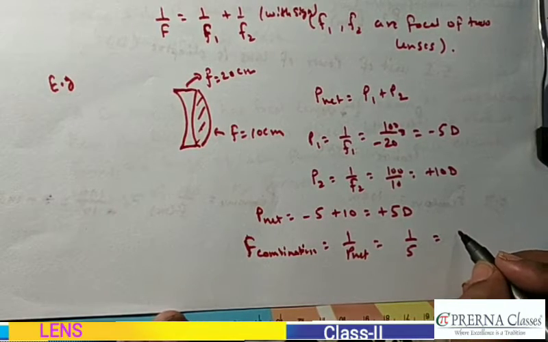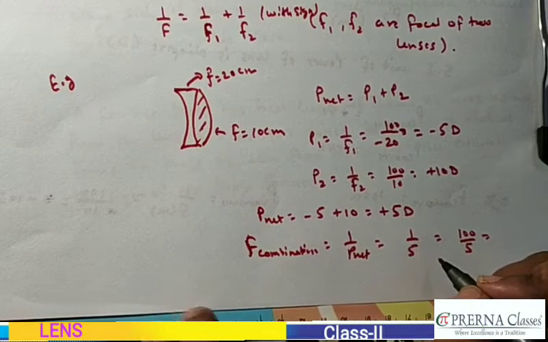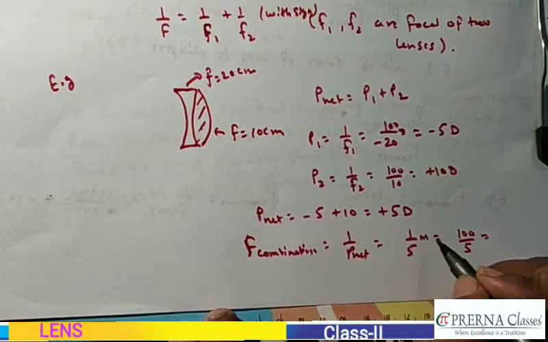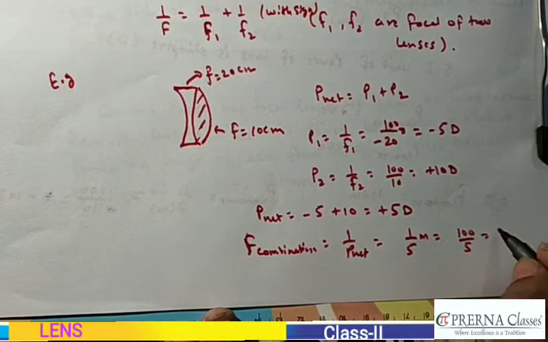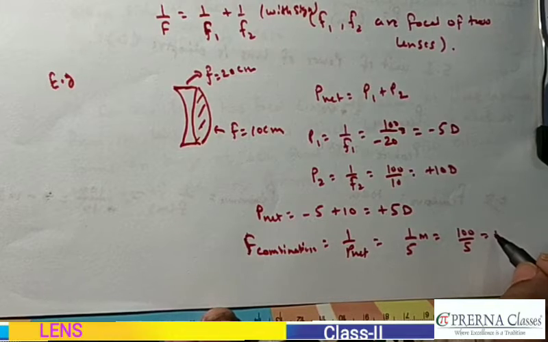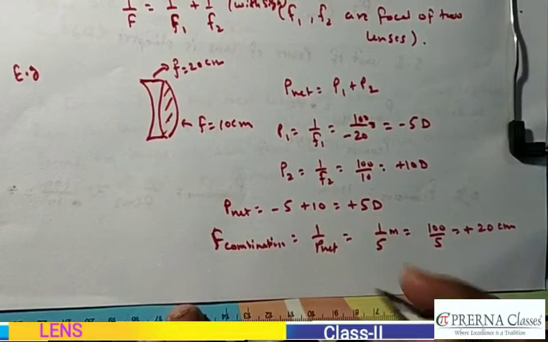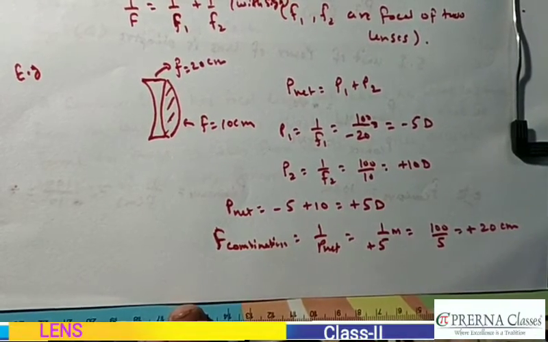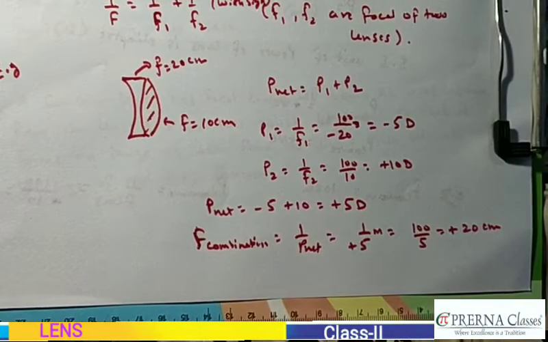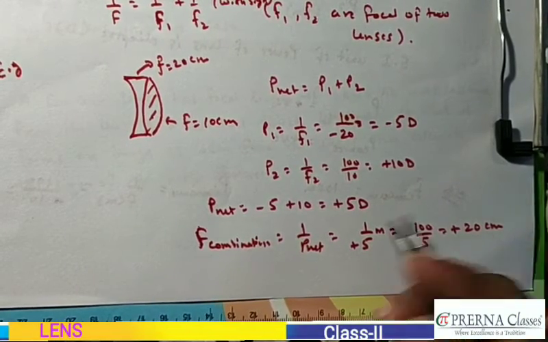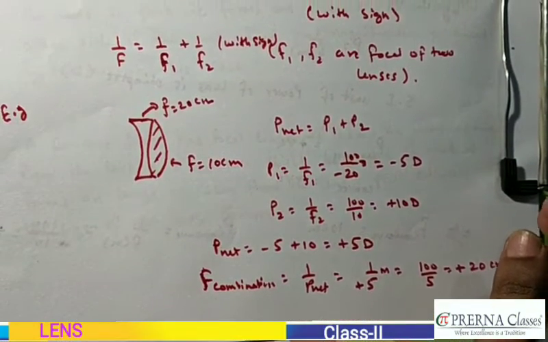If I convert it into centimeter, I have to multiply it with 100, so it is 100 by 5. That comes out to be plus 20 centimeter. Here also plus is written. So the focal length of the combination will be plus 20 centimeter and the power of this combination is 5 diopter.